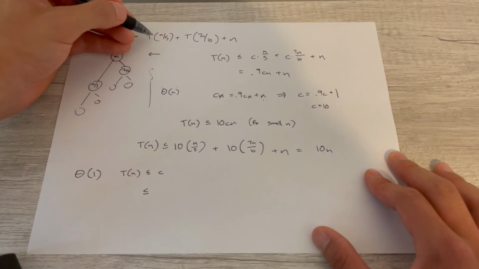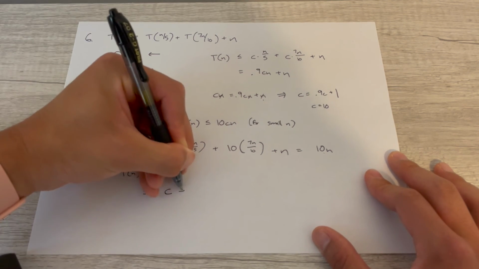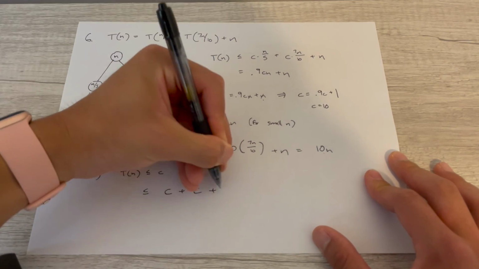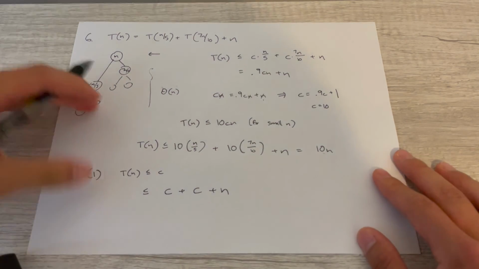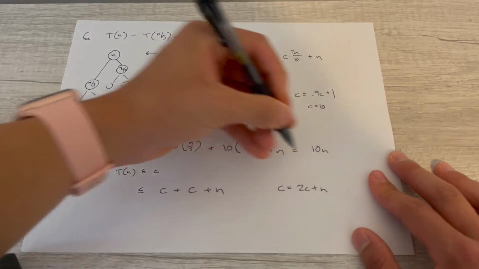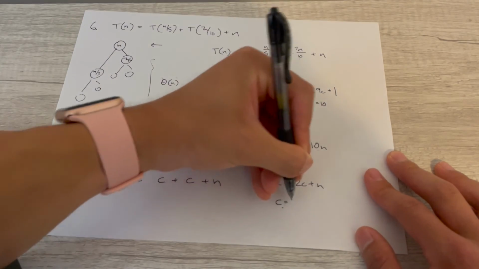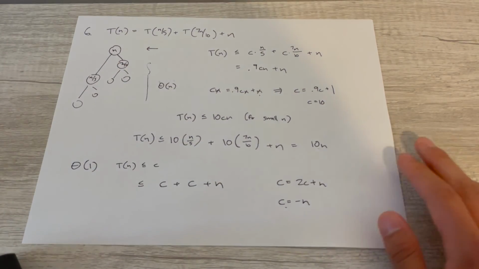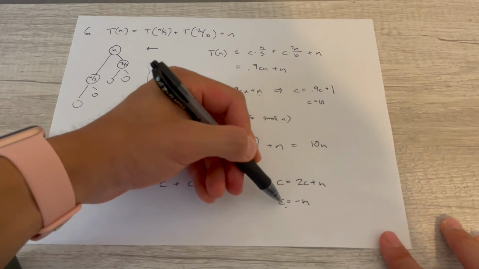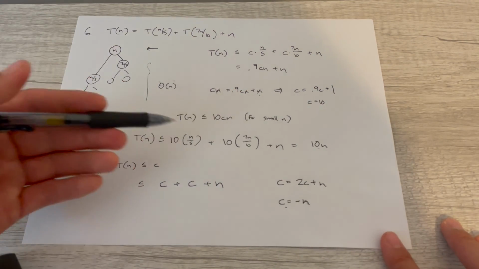So plug in n over 5, we assume this takes at most c steps. We assume this takes at most c steps plus n. And if we set this equal, c equals 2c plus n, then we get c equals negative n. And that's when you know you've definitely messed up, right? There's no positive realistic c.